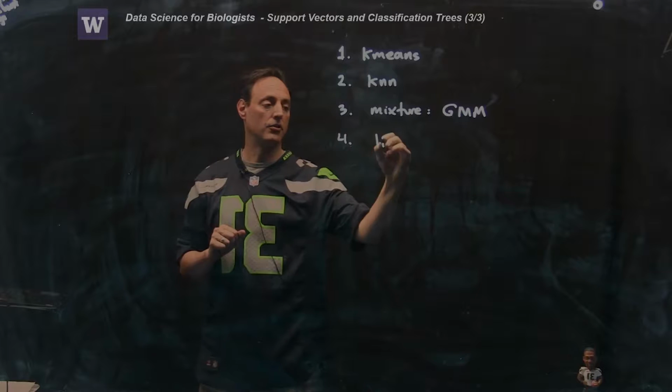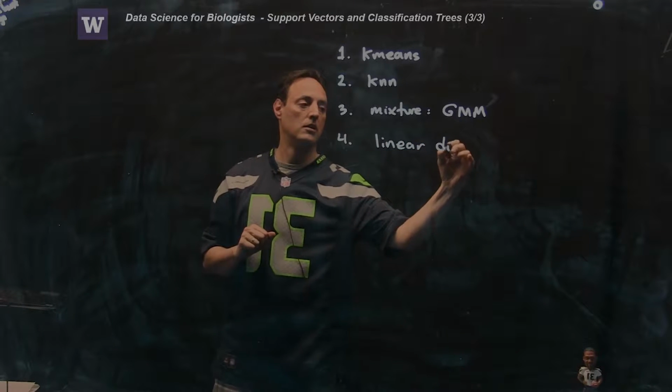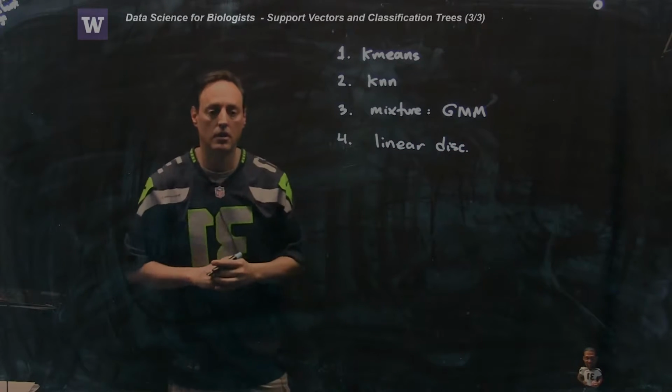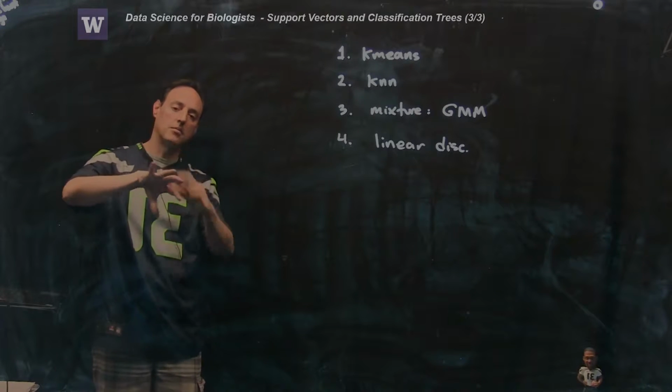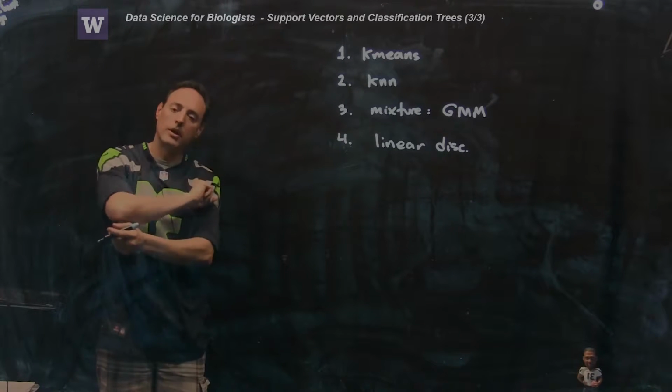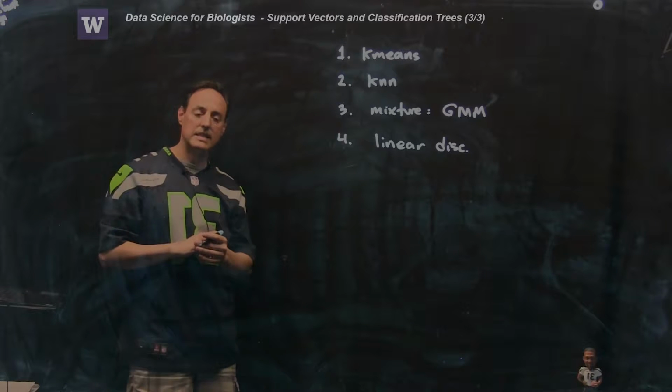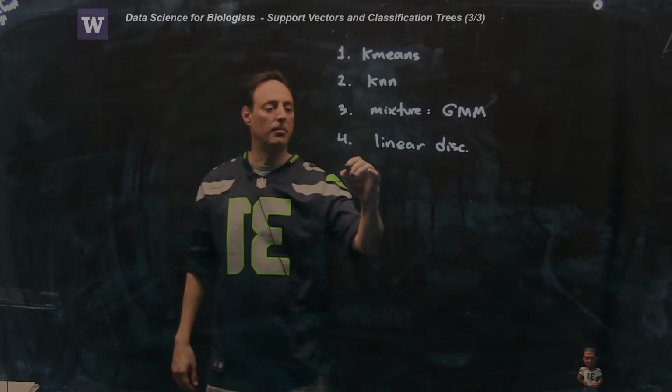We did linear discriminants. So this is the idea of taking some kind of projection, drawing a separation line between that data. There was naive Bayes.